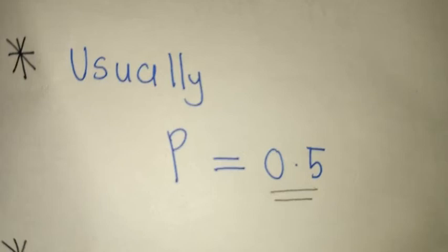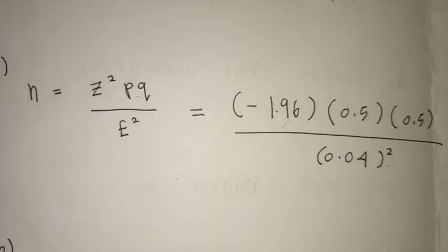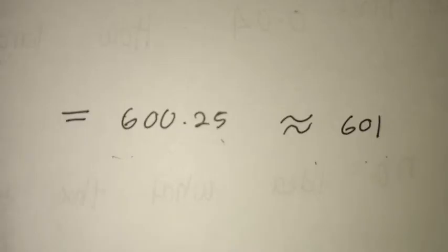Now we can find Q, which is 1 minus P, so 1 minus 0.5, we got 0.5. Then we have all the information to put into the formula, and the final answer we got is 600.25, and we round it up to 601.